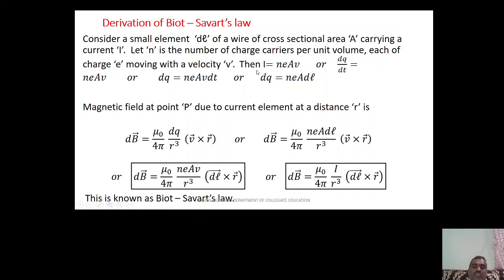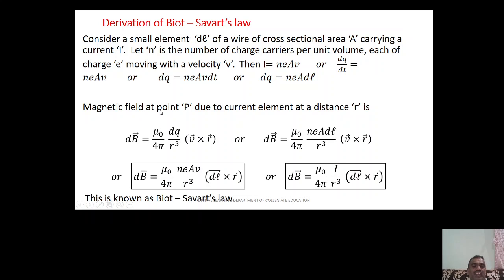Then we know I equals nevA, and I equals dq by dt. So dq by dt equals nAev, or dq equals nAev dt. This quantity v dt is nothing but dl. Therefore dq equals nAe dl.